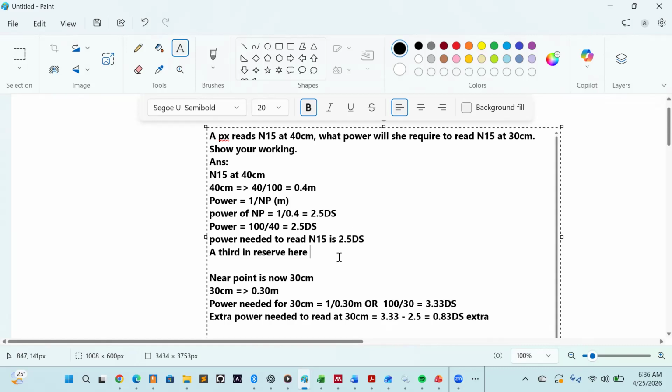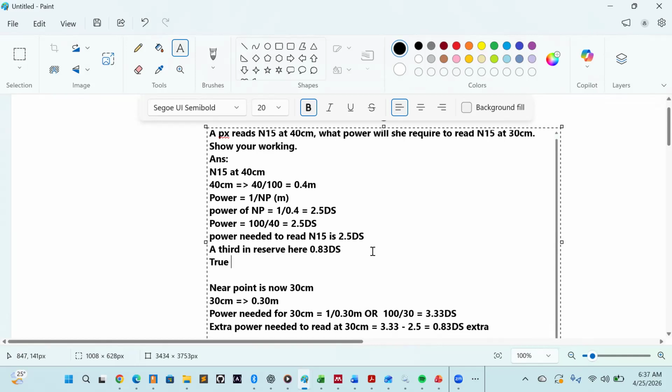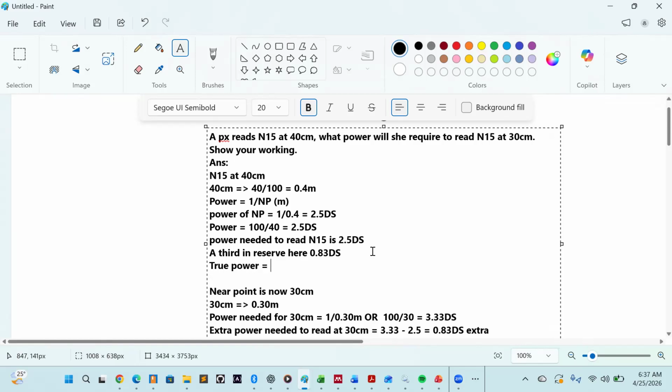You can say it's 0.8 or thereabouts, because 0.8 times 2 is 1.6 plus another 0.8 is 2.4. So you can approximate to 0.8. Actually it's 0.83. That means the true power the patient has from that 2.5, not 2.5, because 2.5 minus 0.8 is like, say, 1.6.